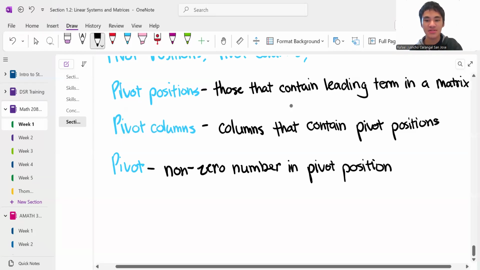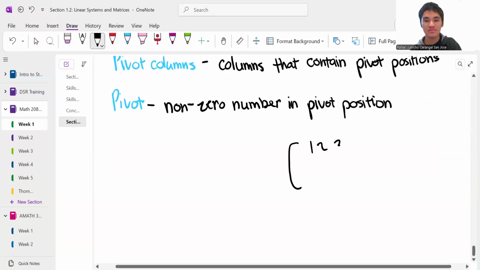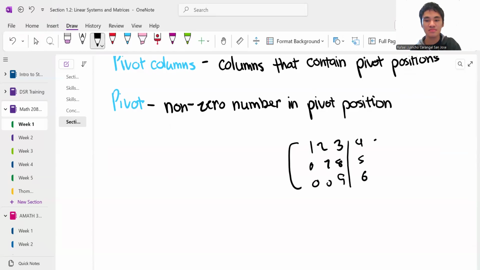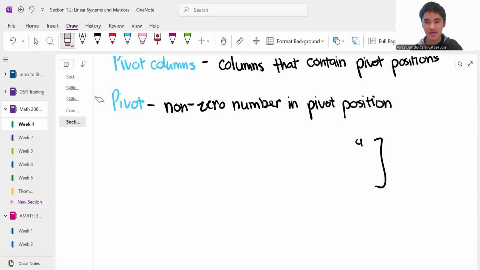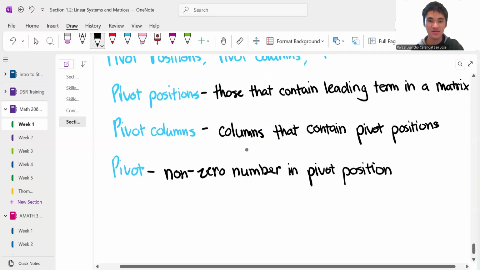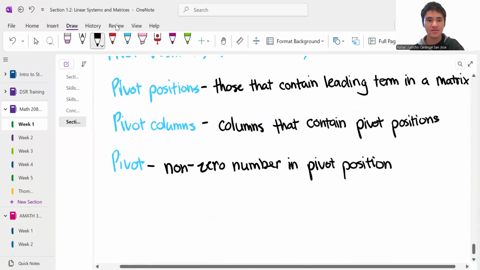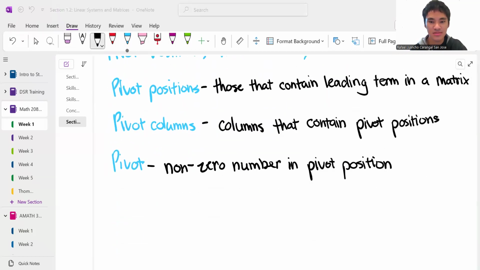Just like the matrix earlier, these are pivots: 1, 7, 9. Pivot positions are the places where they are. Pivot columns are these, because all of them contain a pivot position. We can connect all of these together, but that's basically what it is.